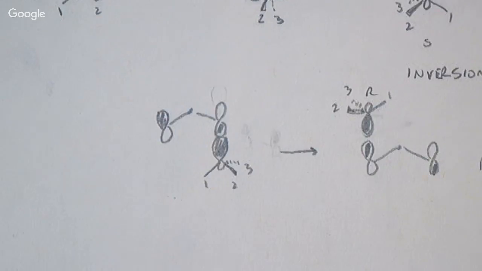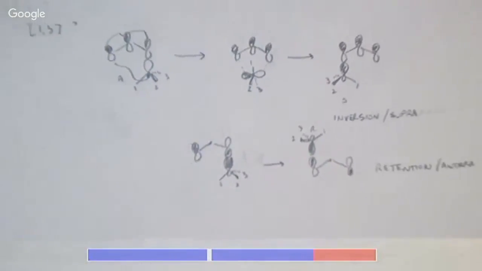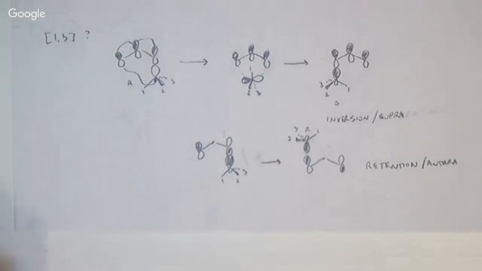So what that means is a 1,3 shift would either be suprafacial with inversion or antarafacial with retention. For some reason now it's zoomed way in on us. Those are what the two of them look like all together. Okay?